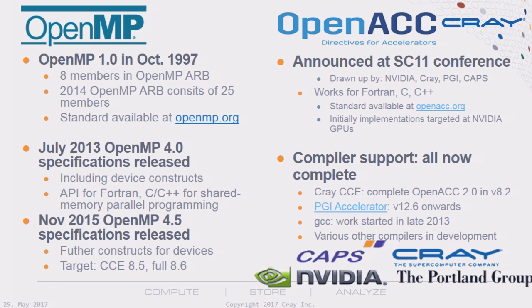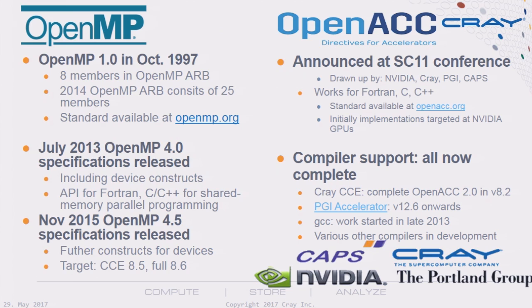So OpenMP with the first host parallelization was released in 1997, and then the device construct was implemented in the OpenMP 4 version in 2013, which then got full support within the Cray C compiler in 2016. And now we have OpenMP 4.5, which will be available in the actual Cray CC 8.5 on the machine we use here, Daint.